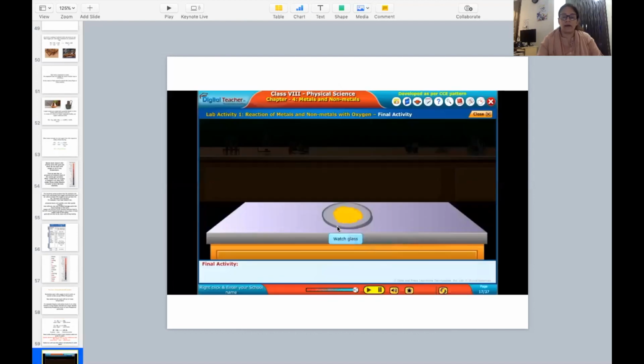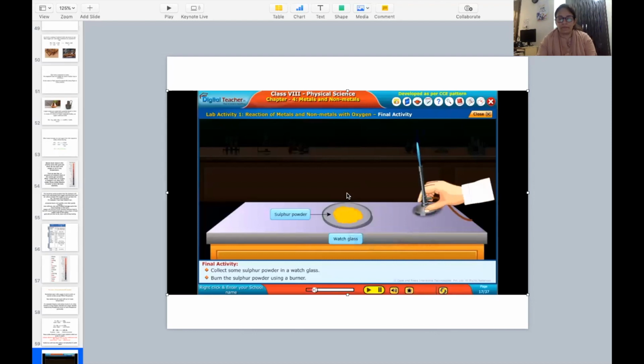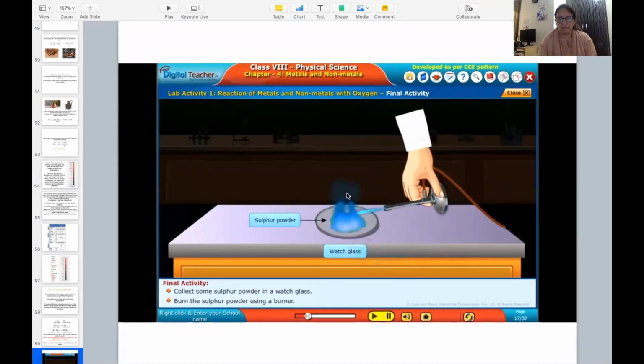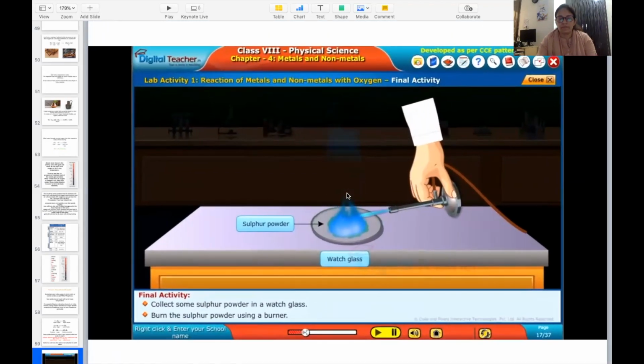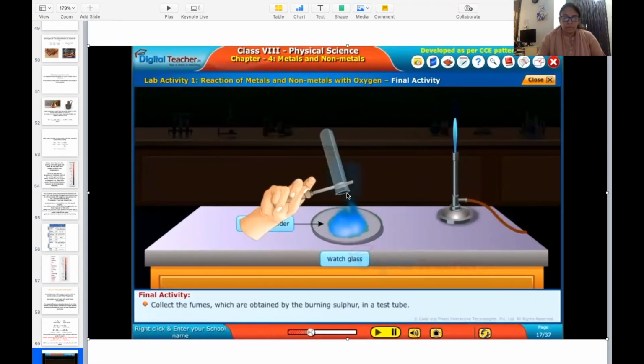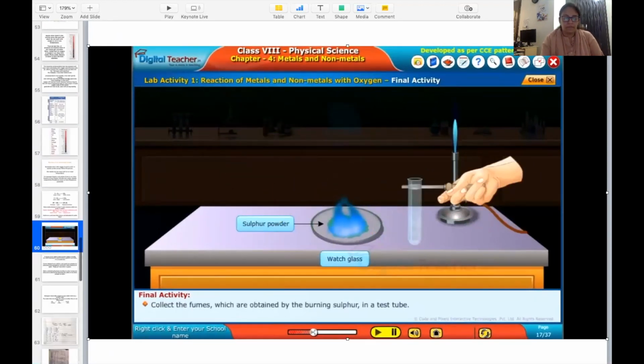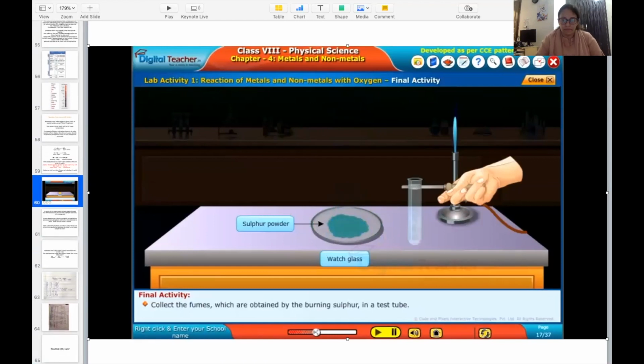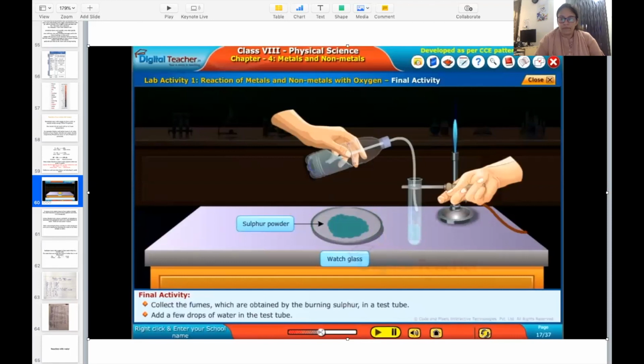Let us understand this with the help of this activity. Collect some sulfur powder in a watch glass. Burn the sulfur powder using a burner. Collect the fumes obtained by burning the sulfur in a test tube. Add a few drops of water in the test tube.